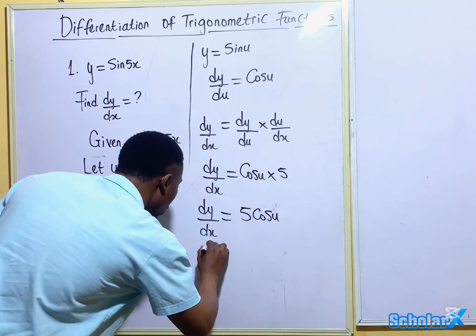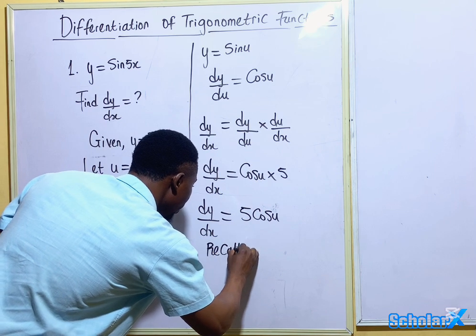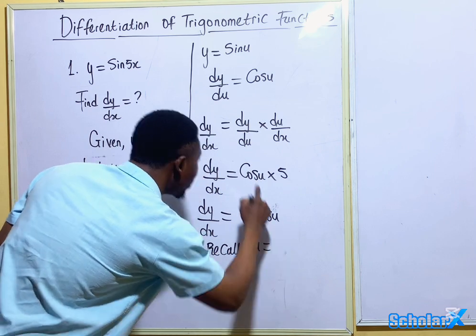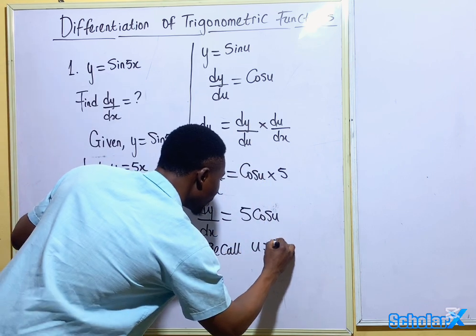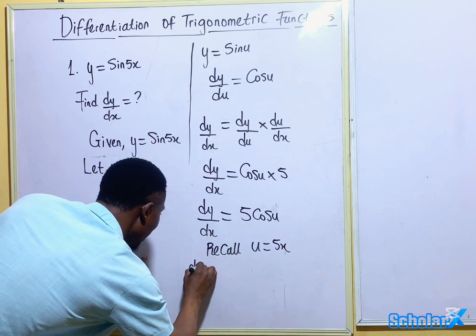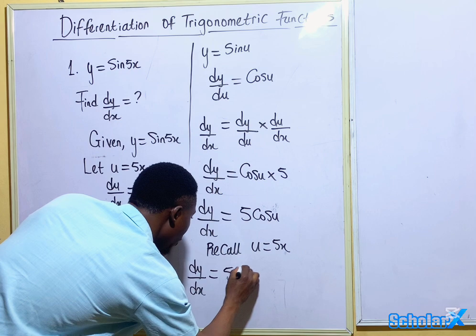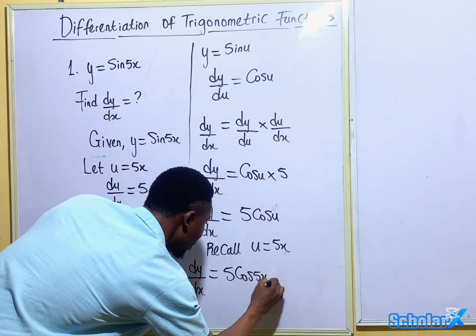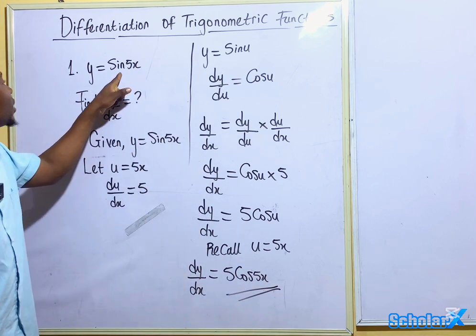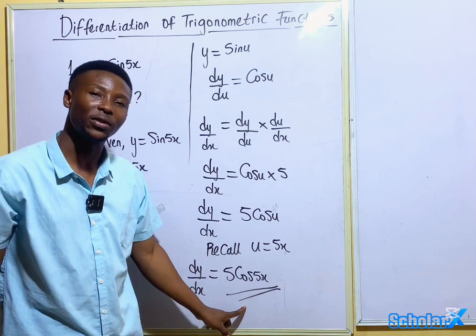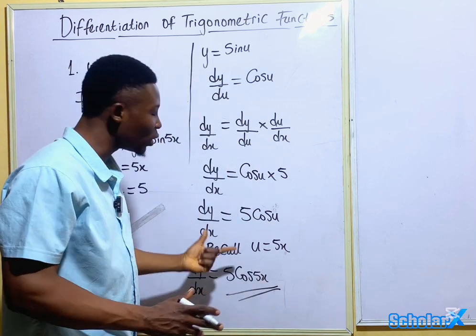Now we're going to recall that u is equal to 5x. So it means that your dy/dx is finally going to be equal to 5 cos 5x. So if you differentiate sine 5x, you're going to have 5 cos 5x.